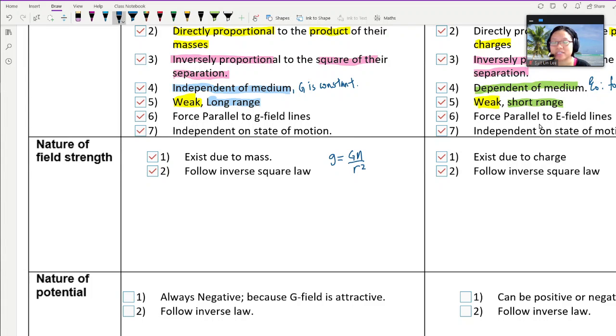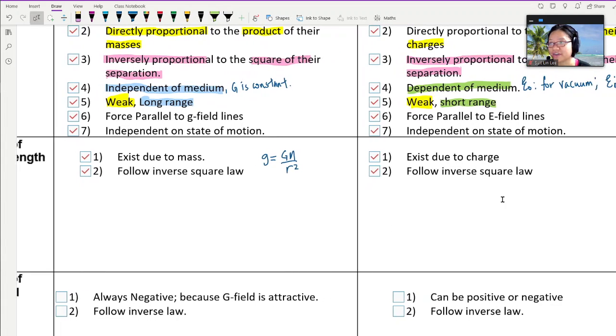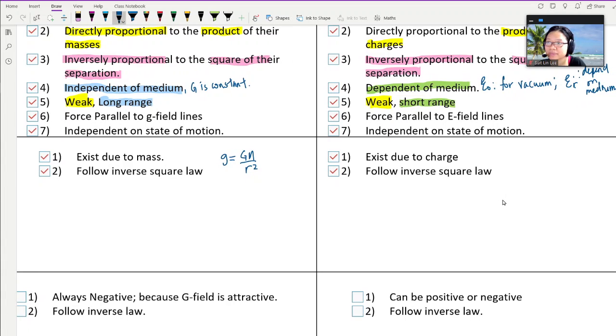Okay, just like the electric field strength, E is equal to kQ over r squared. So this is where the inverse square law comes in. Okay, and this is where the charge and the mass come in.